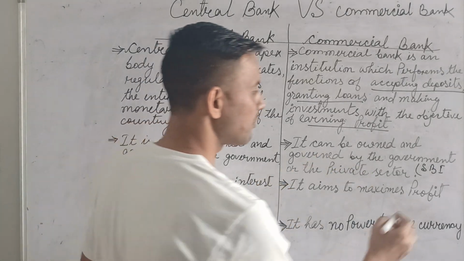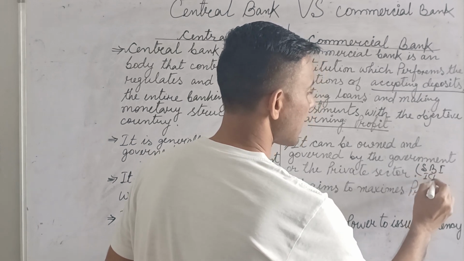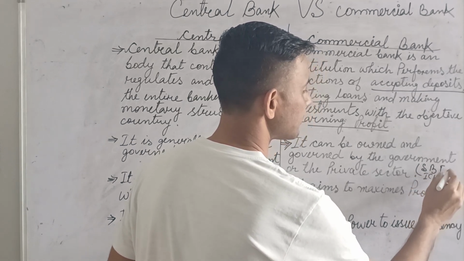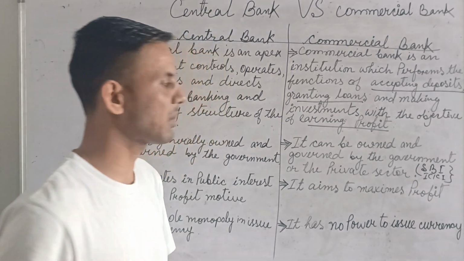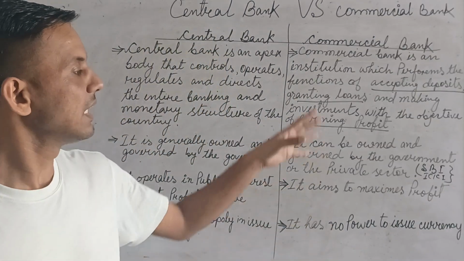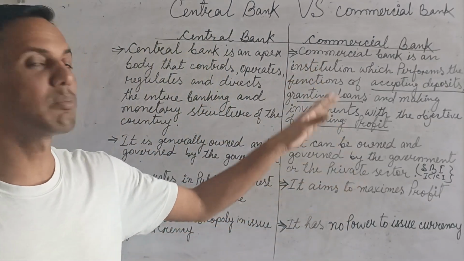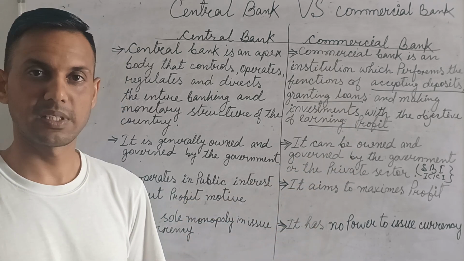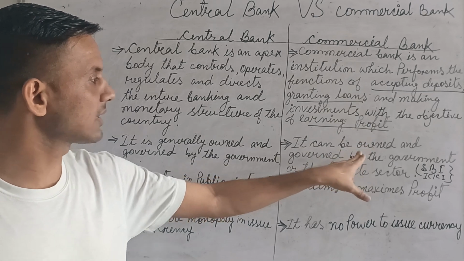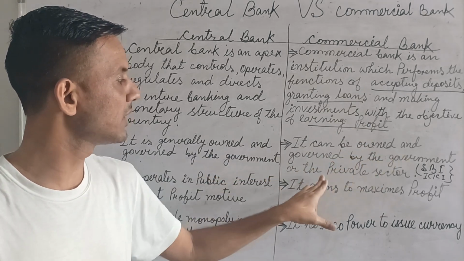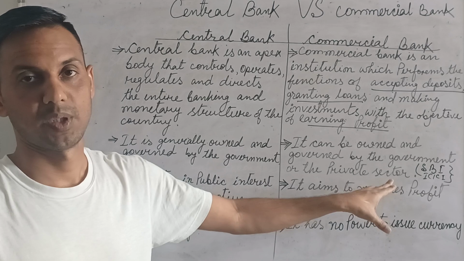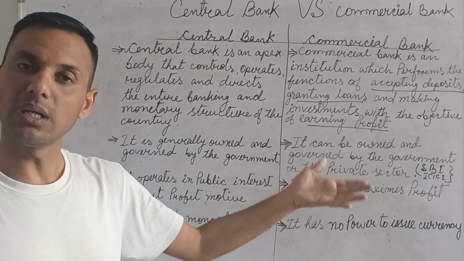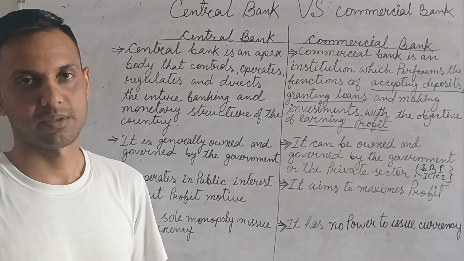Another example, ICICI, is a private sector bank. So a commercial bank may be private or government. Is it clear? It may be a private sector bank or a government sector bank.